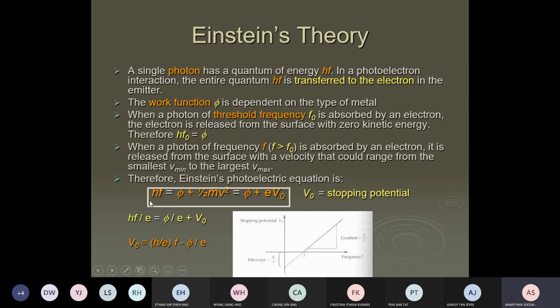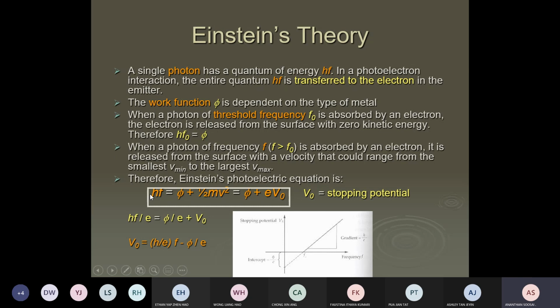He said the energy is used to break the bond. The phi is the energy related to the bond, and it has a special name: work function. It is the bonding between the electron and the metal surface. If the bonding between the metal and the electron is strong, we say the work function is high.